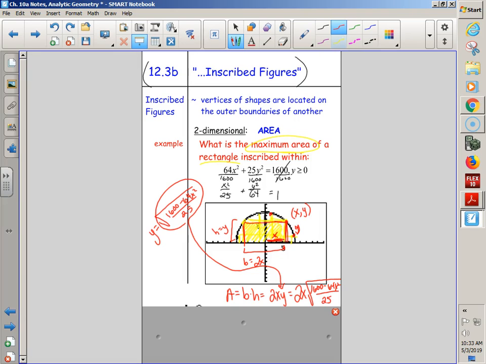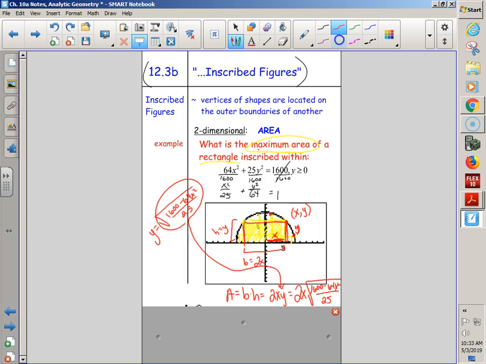Now I know it's gross to work with by hand, but do you guys realize this is something I can just throw into my graphing calculator? Right now I have an equation that can find me the area of any and all rectangles that could possibly fit within this ellipse or half ellipse.